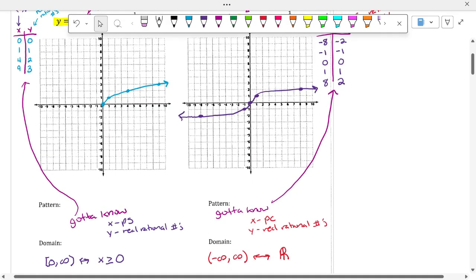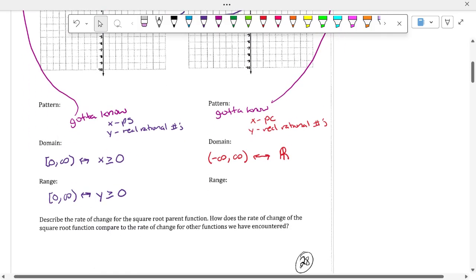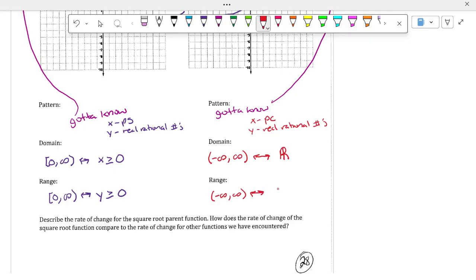What's the range? Negative infinity to positive infinity. Make sure you go from smallest to largest. So it's all real numbers again. Because again, there's no restrictions on cube roots. Cube roots will never create imaginary numbers. Only square roots do.